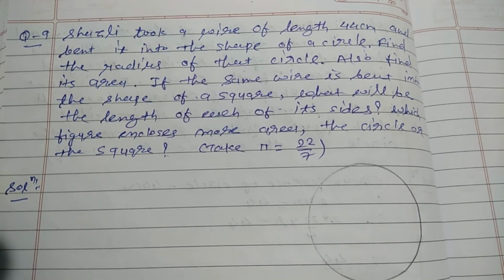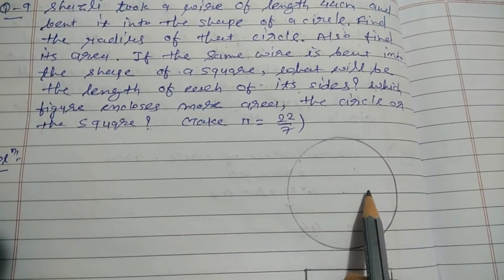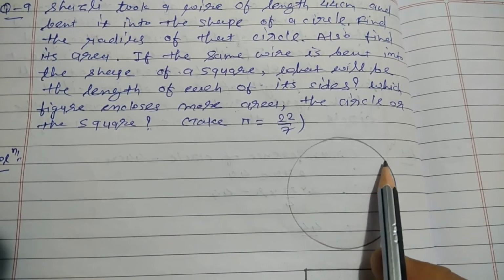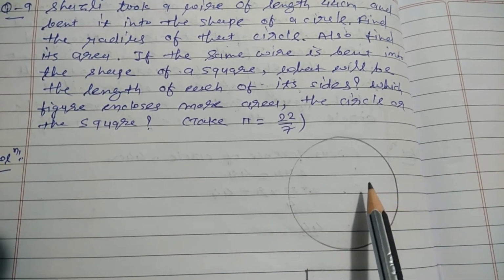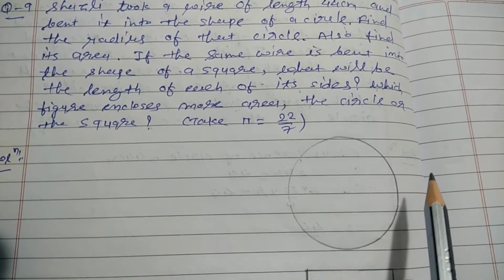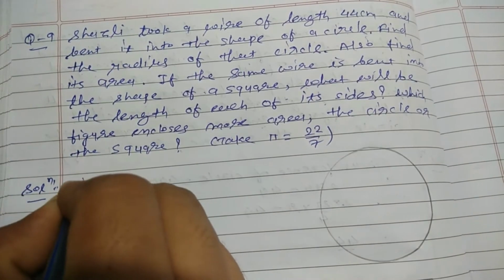Which figure encloses more area, the circle or the square? So here Sazli took a wire of length 44 cm and bent it into a circle. That means the length of the wire and the circumference of the circle are the same. That is, the circumference of the circle is what? 44 cm.